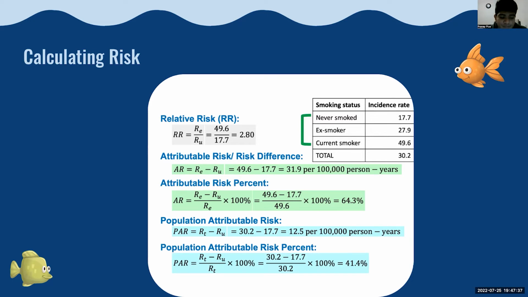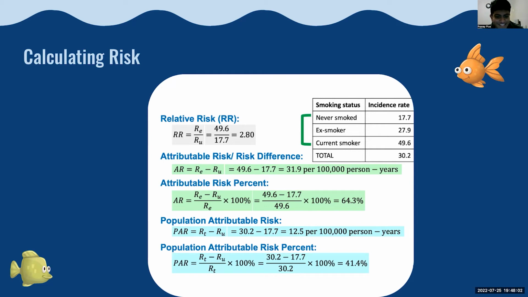If you look at the table, we've got the 3 categories: never smoked, ex-smoker, and current smoker. And the incidence rate, which is basically how frequently this is occurring in that population. The incidence rate for never smoked is 17.7, probably per 100,000 years, but I just cut off the table because I like the shape.